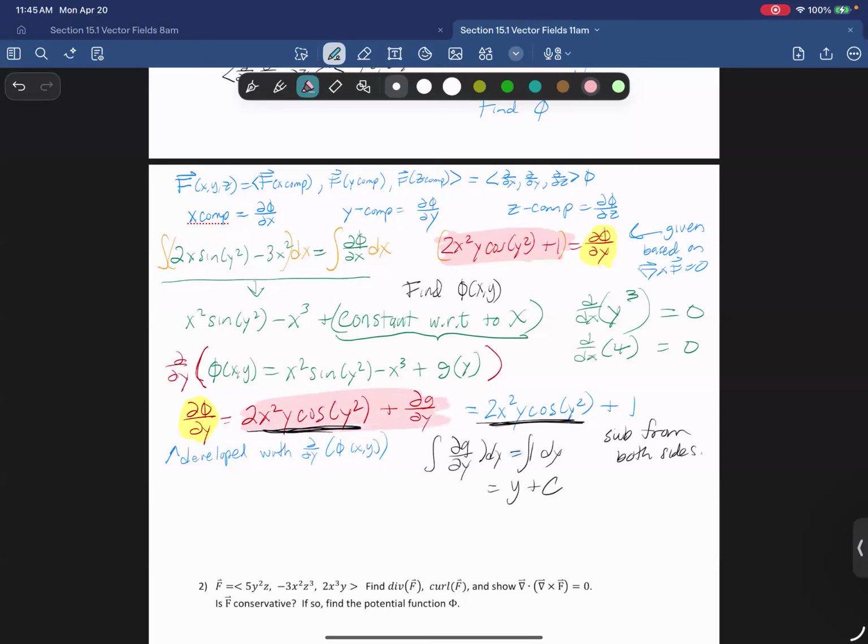I said g prime of y, but maybe that should be a hard d, because g was not a function of two variables, so it should be a hard d.